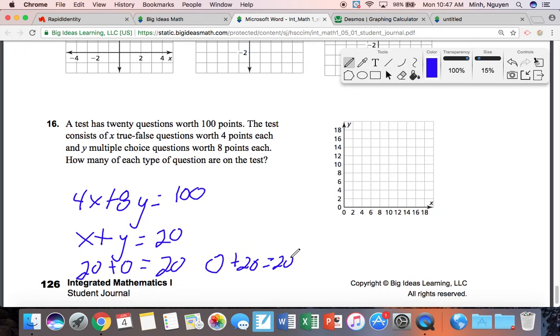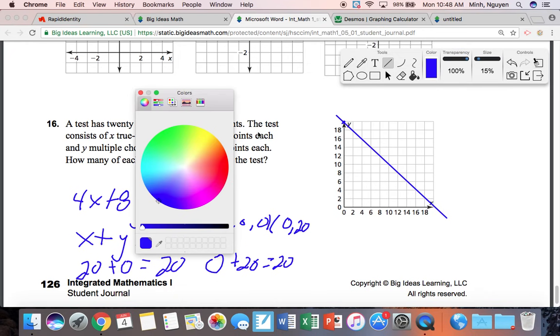It's not likely that either of those is the case, but again, we have 20, 0 and 0, 20. So what that looks like is here. Let me just make that line. It looks like that. And then this first equation I will make red.